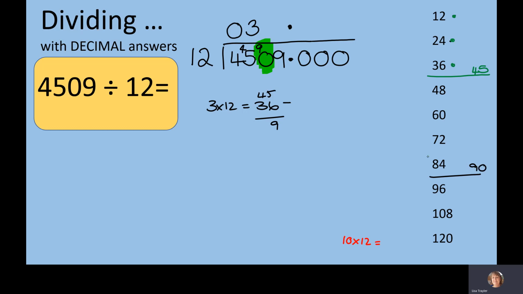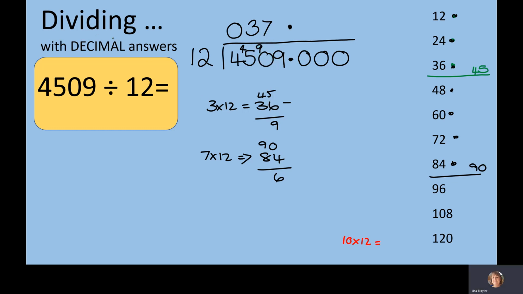So that means we've got 7 lots of 12. That takes us up to just under 90. So we know the answer to that is 7. 7 times 12 we can see from our times table is 84. But our highlighted number was 90. So that means we have 6 that we have not yet shared out. So let's carry that forward.